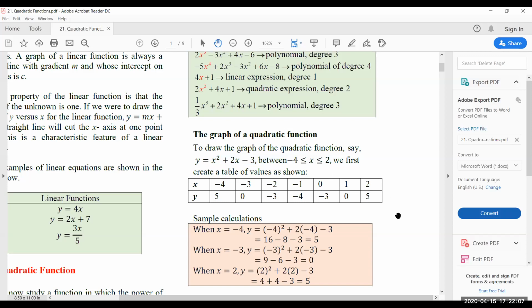Are you all finished writing it down? Okay. You guys write down y is equal to x squared plus 2x minus 3 between x equals negative 4 and 2.